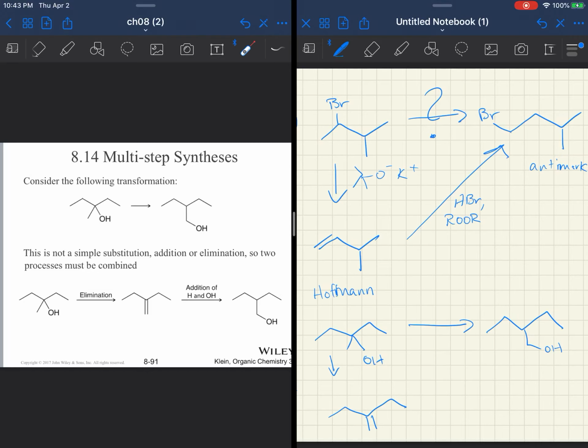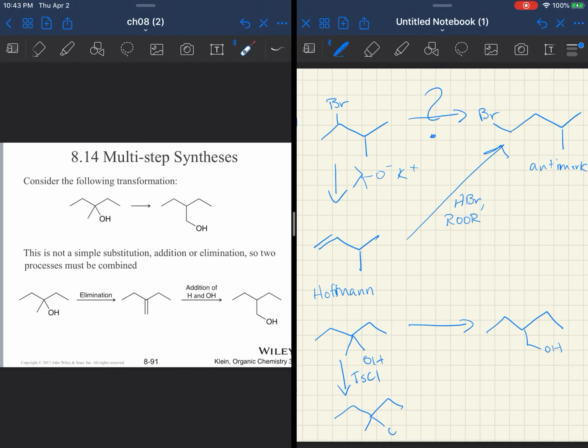Now we see that we want this to give a Hoffman product. We cannot just treat this with a bulky base because it's an alcohol, and alcohols are not good leaving groups. Now you could use H2SO4, but that's going to give you the Zaitsev product. This is going to take us an extra step.